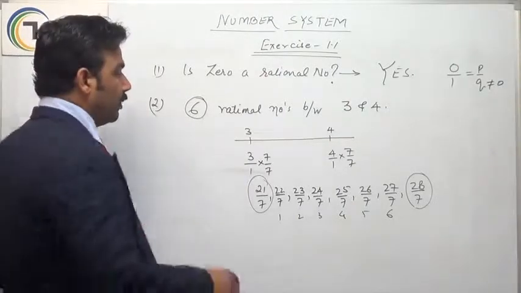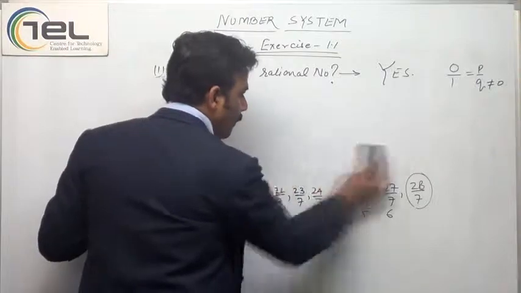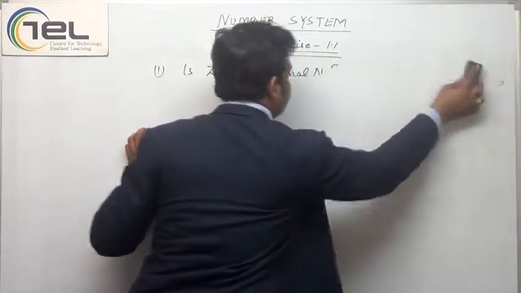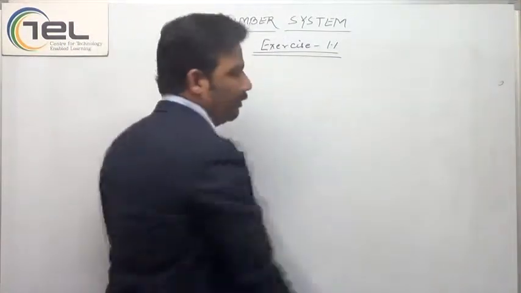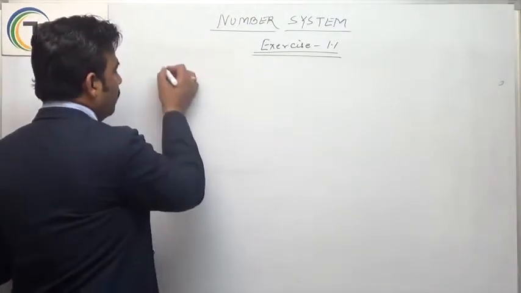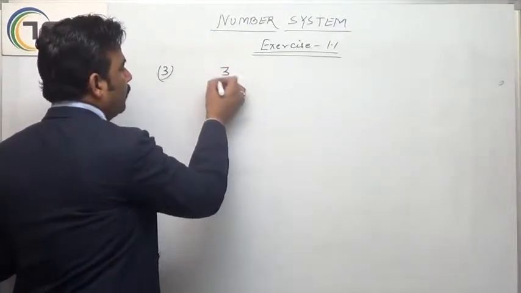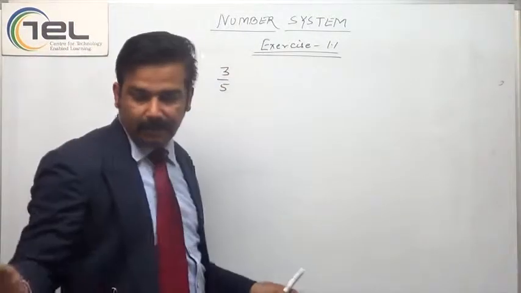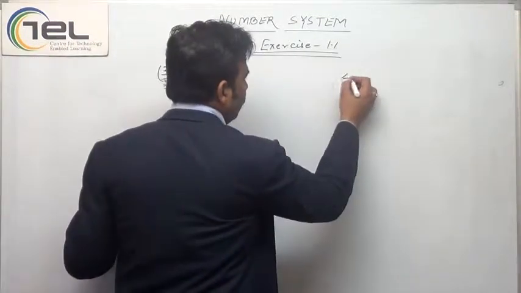Find 5 rational numbers between 3 by 5 and 4 by 5.